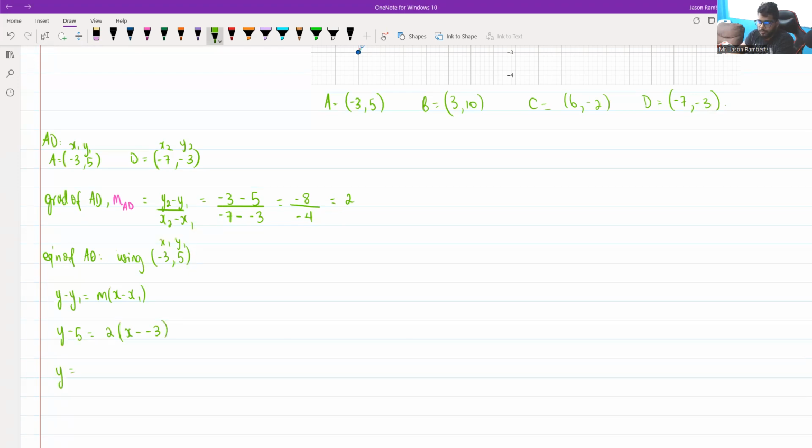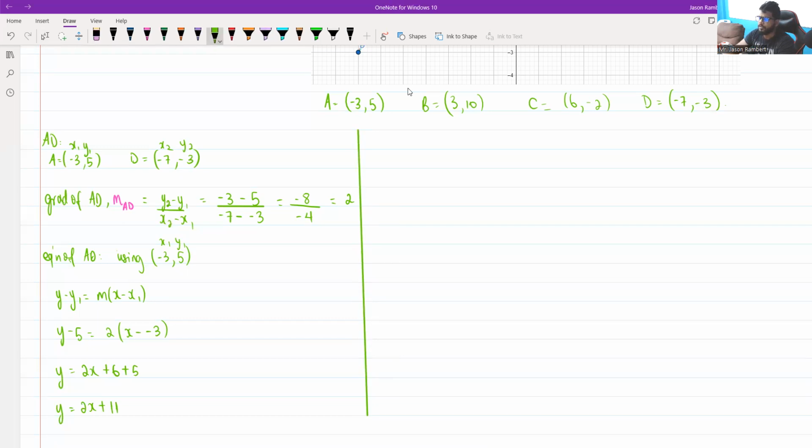So y is equal to 2x, this becomes plus in the brackets, so 2 multiplied by 3 is 6. The 5 goes across, becomes plus 5. And I get the formula y is 2x plus 11. You'll see the mistakes. Once we weed out the mistakes, that's all I'm concerned about. Weed out the mistakes and fix them.